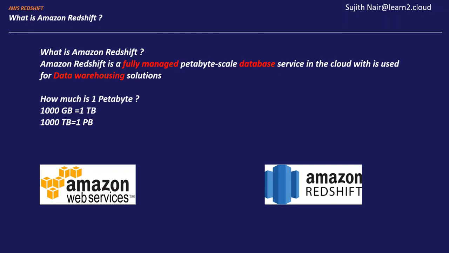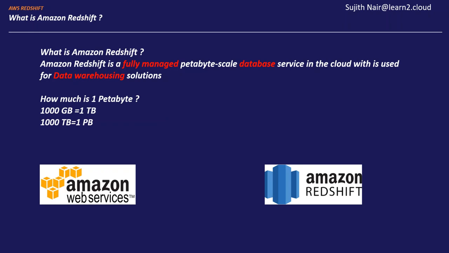Now let's try and understand what fully managed is. Fully managed basically means that an organization does not have to do a lot of the things we just discussed: it does not have to arrange for the hardware, it does not have to arrange for the software, it does not have to worry about the operating system, it does not have to do patching.